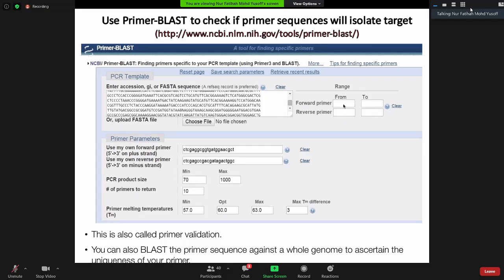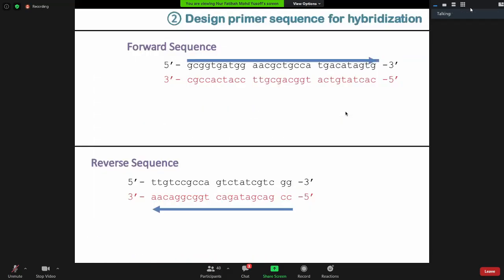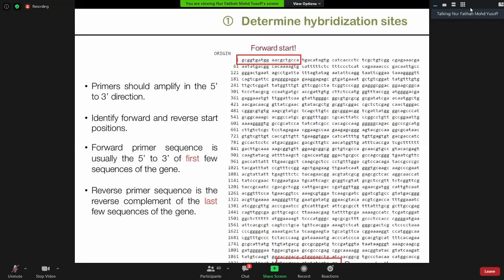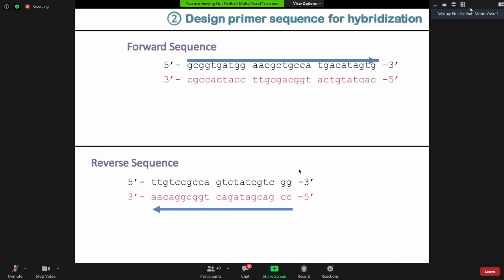For example, you can decide to start from 1 to 50, and the reverse is located at 1921 until and so on. Make sure that the range is within the sequence length.